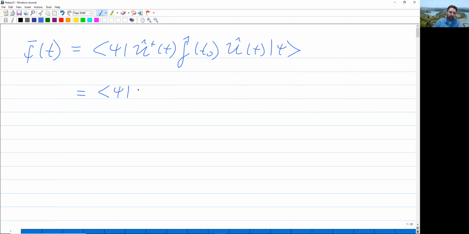We bracket this equation in a particular way such that all the time evolution goes into the operators.